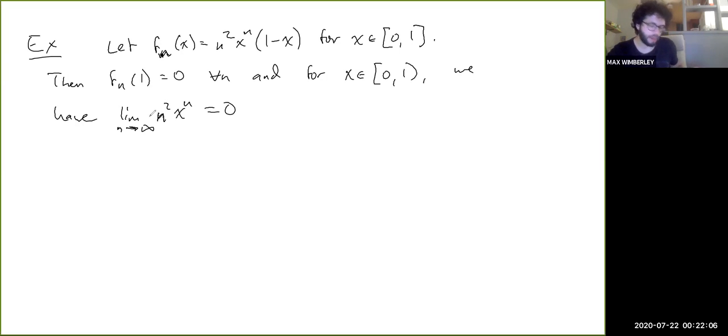They cite an exercise in the book, which I think I did assign, exercise 9.12, if you want a really rigorous way of proving this. Anyway, so this goes to 0. Since f_n of x is just 1 minus x times this, that also goes to 0.